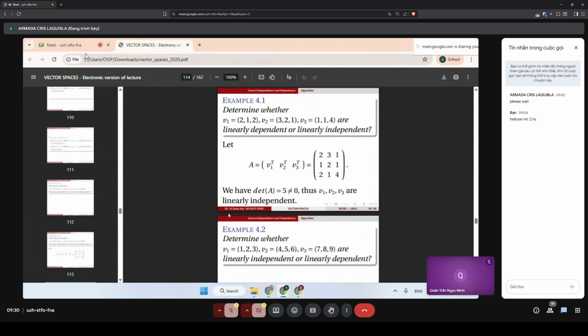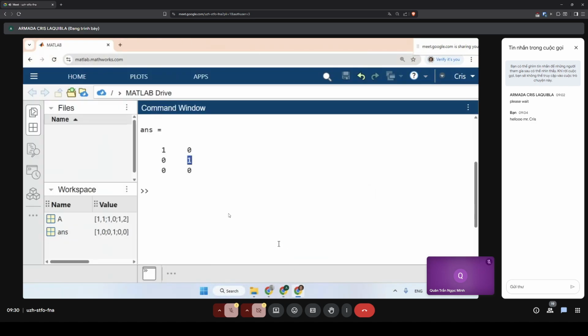Now to get that easily, we can use MATLAB. We have 2, 3, 1, semicolon, then 1, 2, 1, and then 2, 1, 4. So we have that matrix.